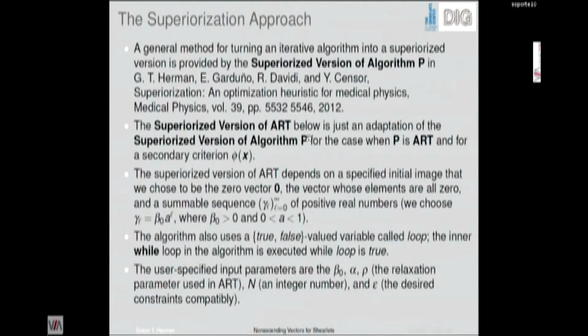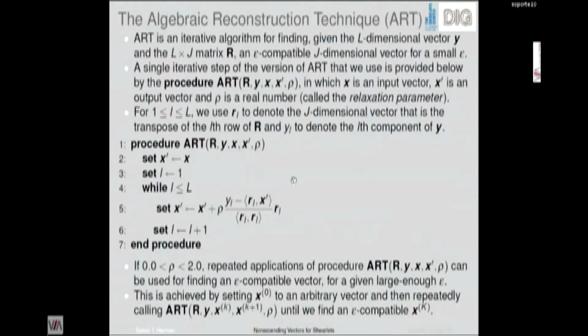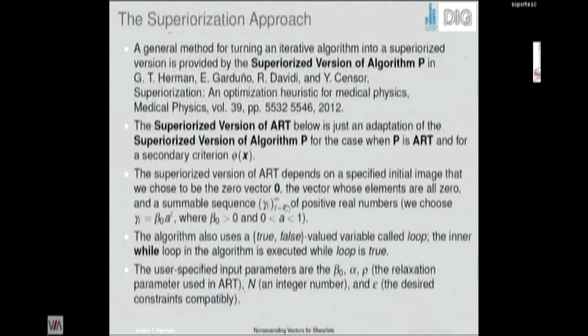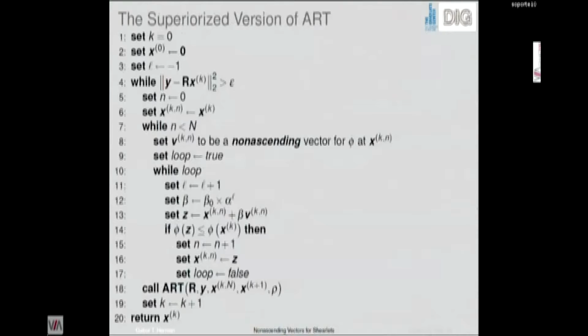What I'm going to show you is exactly the algorithm presented in the paper. And so I'm now going to talk about the superized version of ART. ART is this process, repeatedly using that. Now, here is a superized version of ART.